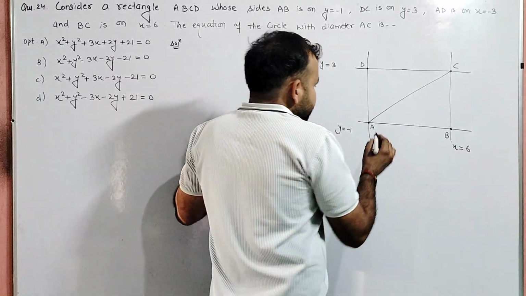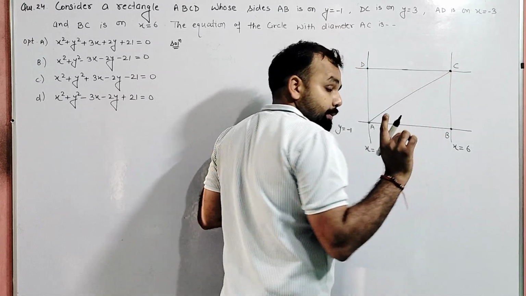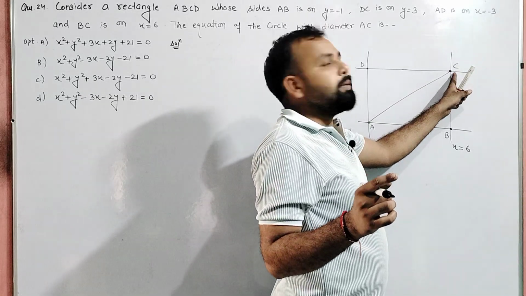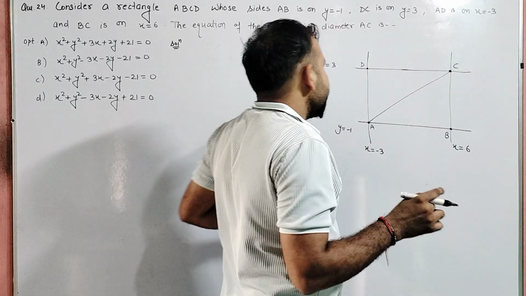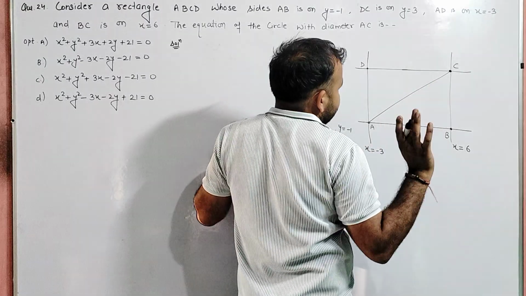That means if this is the diameter, the distance between A and C is the diameter, and half of AC is the radius of the circle.